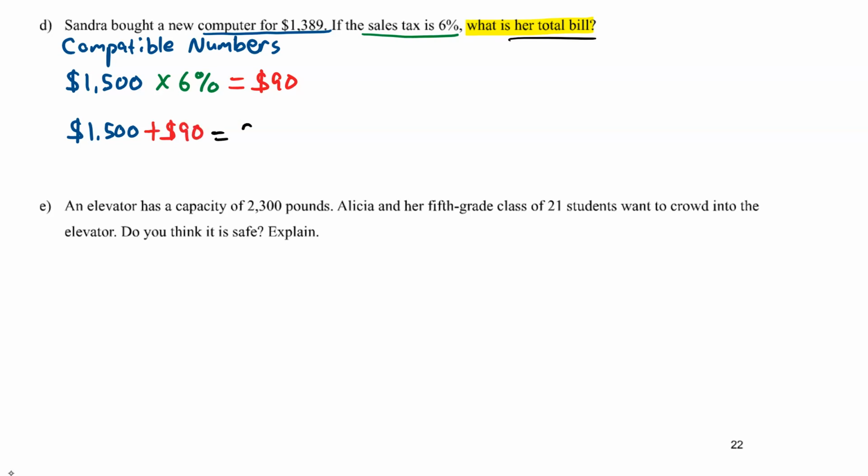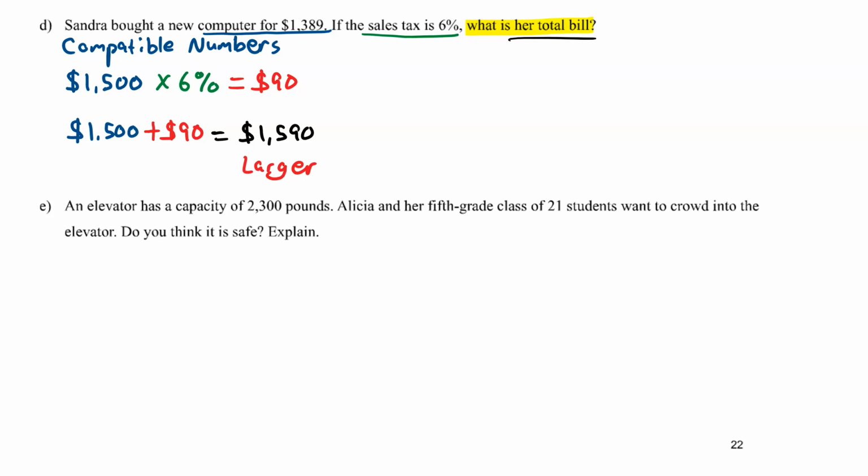So that would give us $1,590. And this, again, since we used a compatible number that was bigger, this is going to be larger than our actual value.